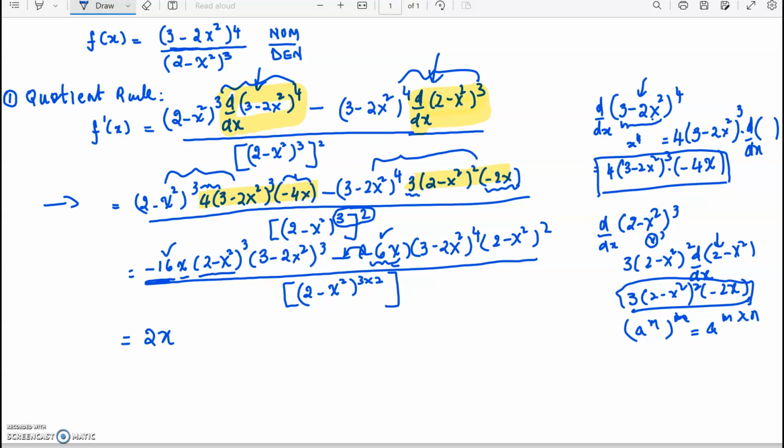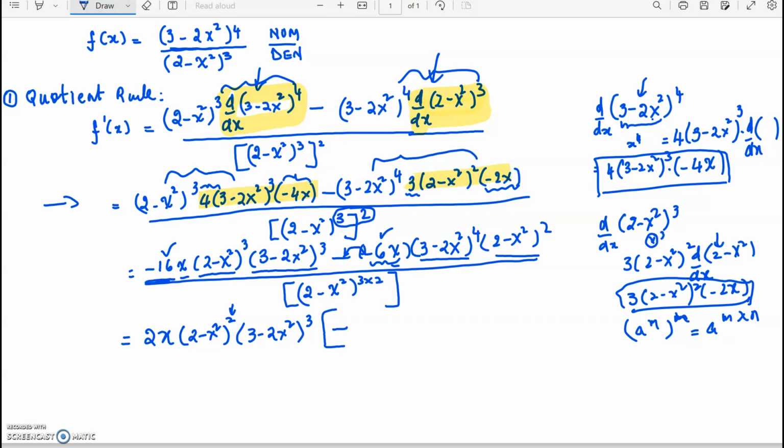Between 2 minus x squared the whole cubed and 2 minus x squared the whole squared, 2 minus x squared the whole squared, which is the lower exponent, is a common factor. Between 3 minus 2x squared the whole cubed and 3 minus 2x squared to the fourth power, 3 minus 2x squared the whole cubed is a common factor. So we factor that out, and now we write the leftover terms.